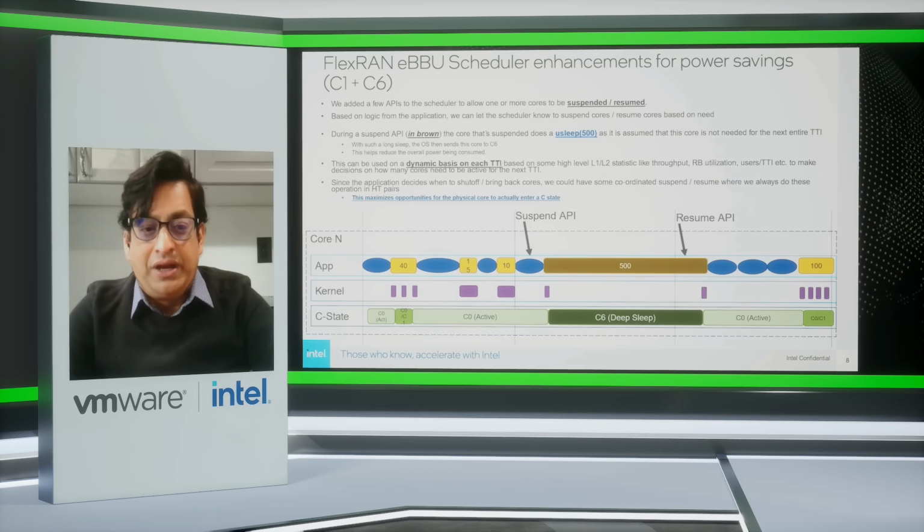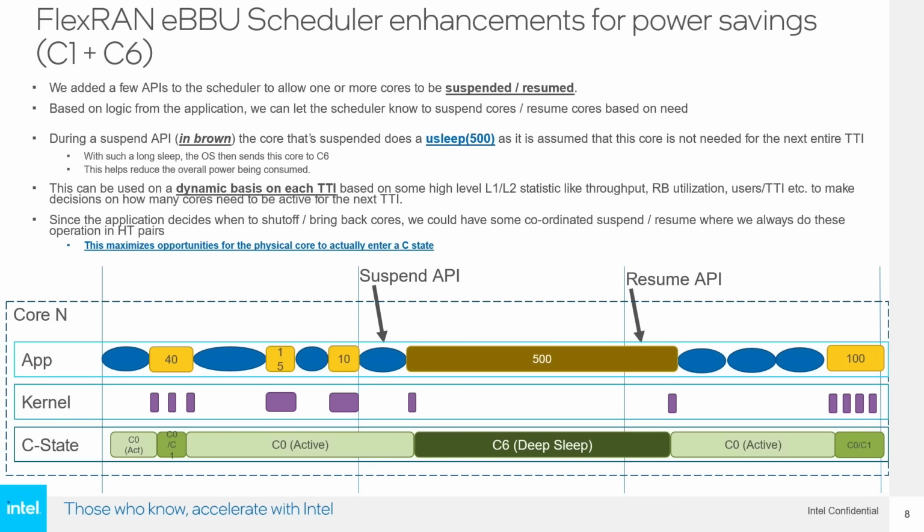Previously, with the scheduler, the blue and the yellow blocks used to be more scattered and closer together, and we had to use only the C1 state because of the exit latency requirements. But by optimizing the whole processing pipeline, we're able to create these bigger blocks where we can send the processor down into a C6 state, which results in higher power savings.